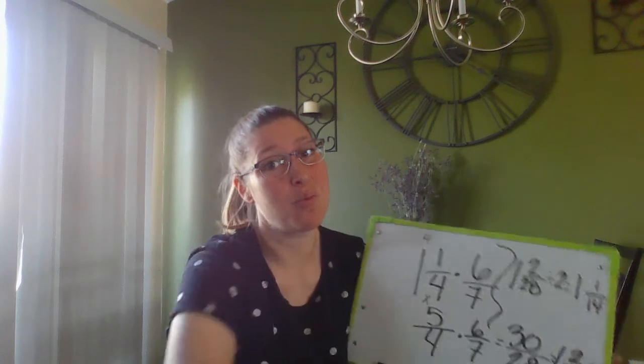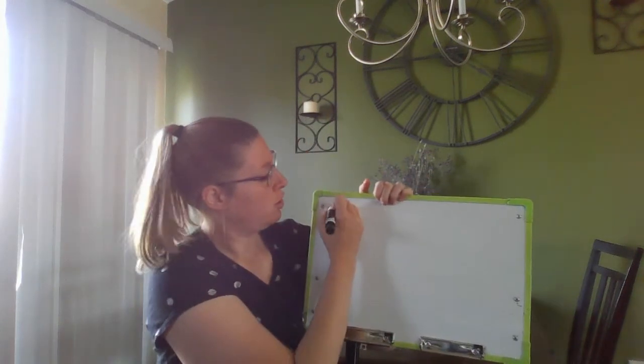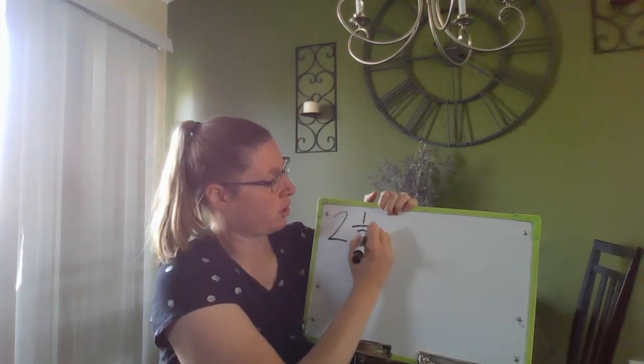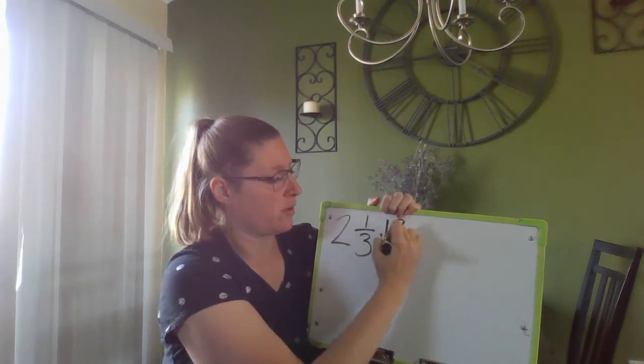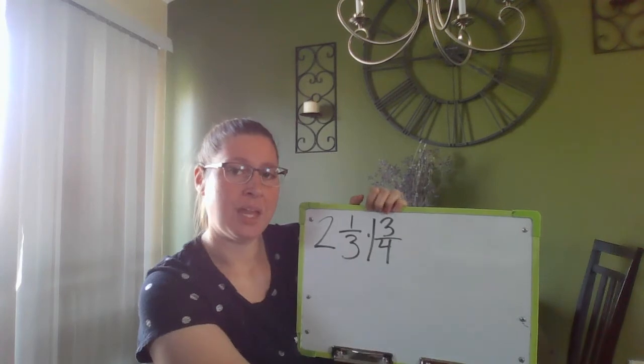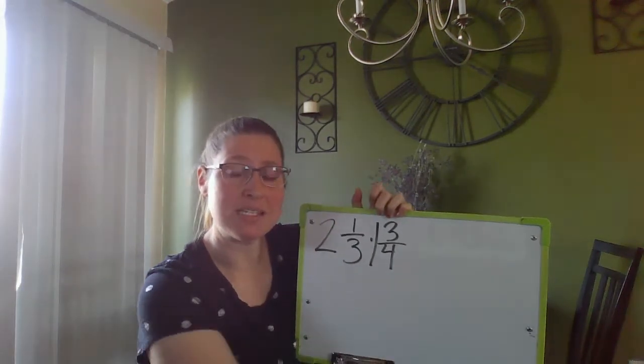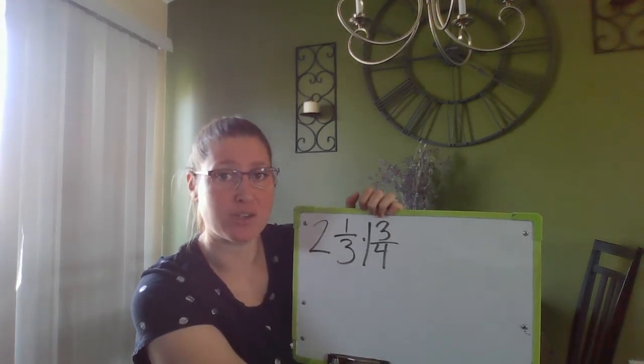Okay, let's try one more multiplying together. And we're going to use mixed numbers in both cases now. Let's say I have 2 1/3 times 1 3/4. I need to turn both of these numbers into improper fractions.